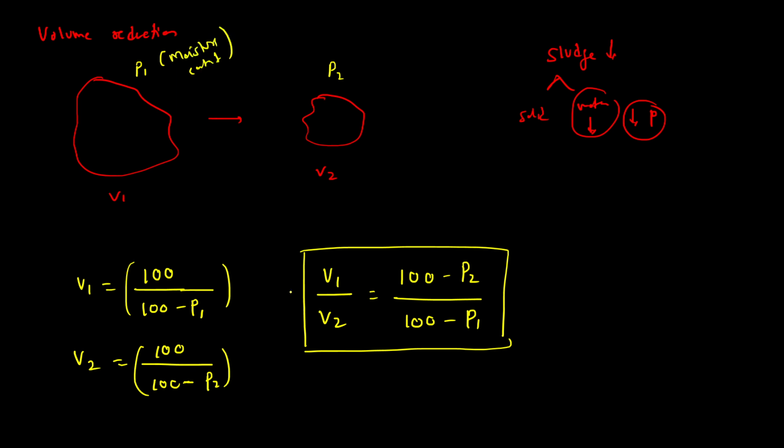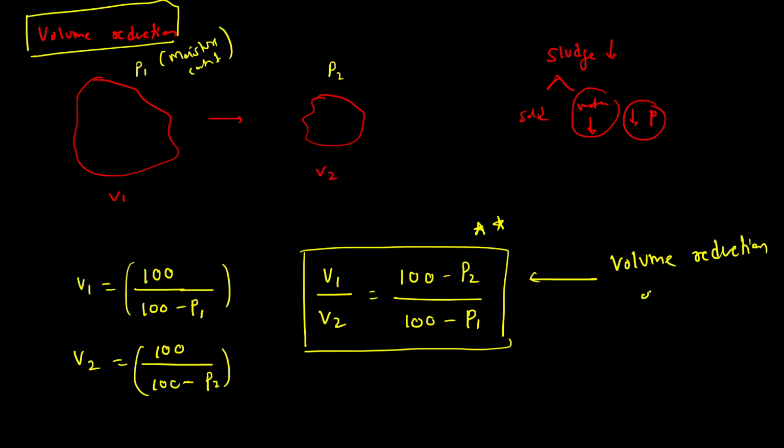Okay. So if the moisture content reduces, what will happen? The volume of sludge also will decrease. So this is how we have got this equation, and from this equation you can get the direct problems. It is very important from the sludge digestion or sludge treatment. Okay, so this is an equation for volume reduction of sludge.